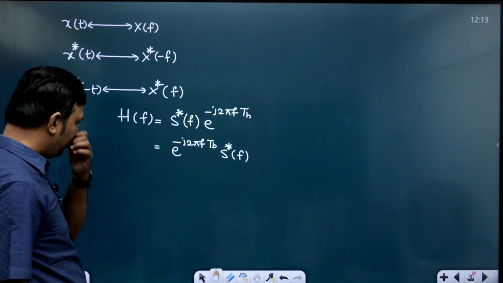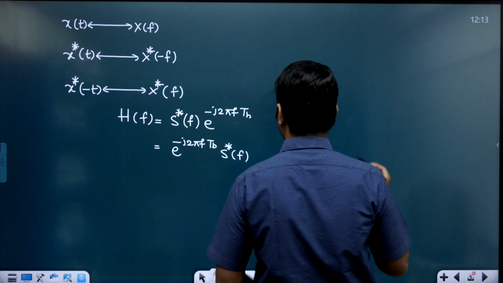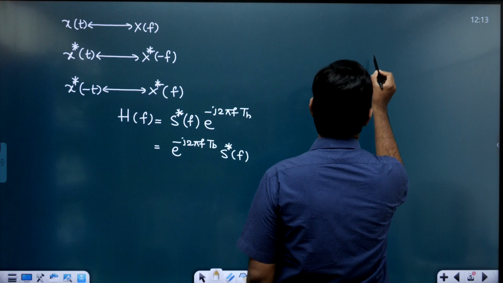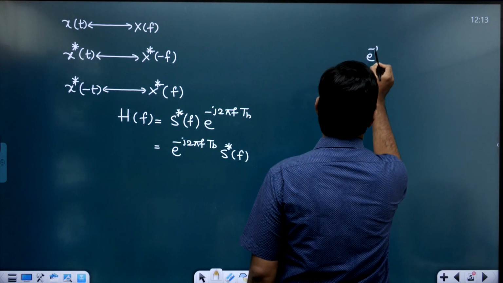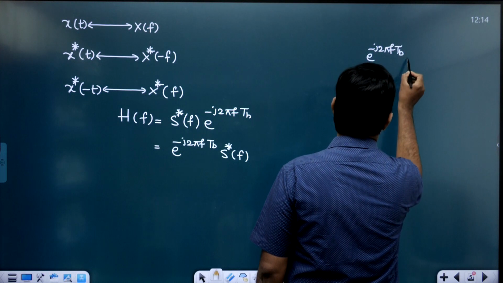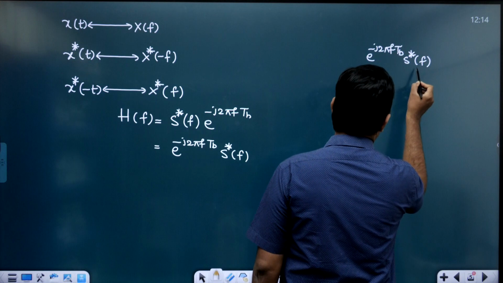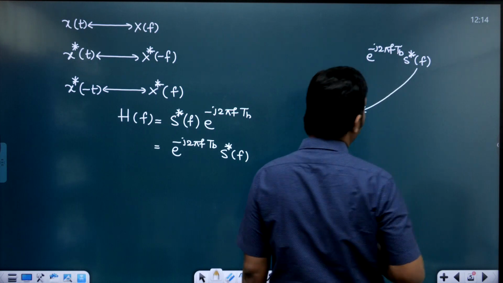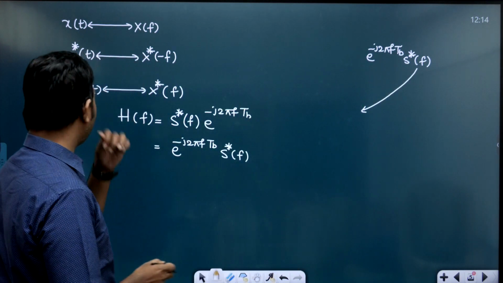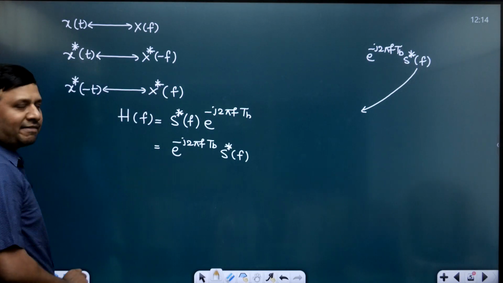Right. Now we must get the inverse Fourier transform for this one. So how to get it? Observe here. Again I am writing here: e power minus j 2 pi f tb into S star of f. What I said? First of all, get the inverse of this S star of f. Look here, X star of f inverse is x star of minus t.